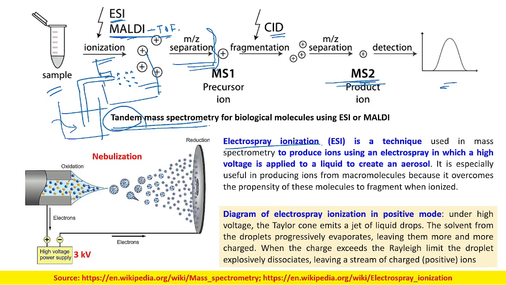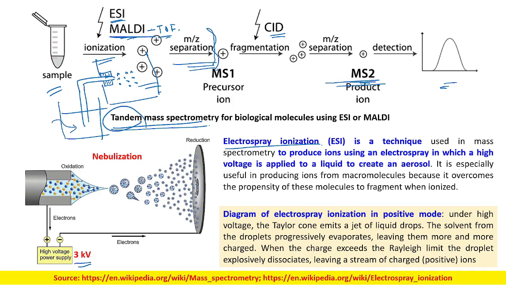So due to this reason, at the outlet of this syringe, we apply a very high voltage, in the order of 3 kilovolts. When you apply such a high voltage, you are applying an electric drag, and due to that electric drag there is also a generation of heat, and that heat results in the evaporation of the solvent.